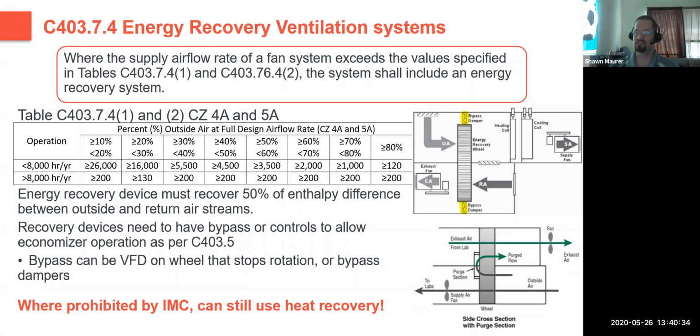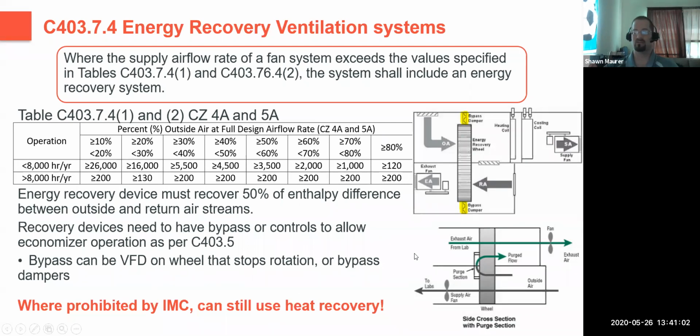Most energy recovery systems have some bleed by of that exhaust air that can mix it back into your supply air stream. So when you've got hazardous fumes and things, they preclude the use of an energy recovery device because it can transfer over. However, you can still use a heat recovery device, as those are usually heat exchangers between the airstreams. The airstreams remain completely isolated from each other.